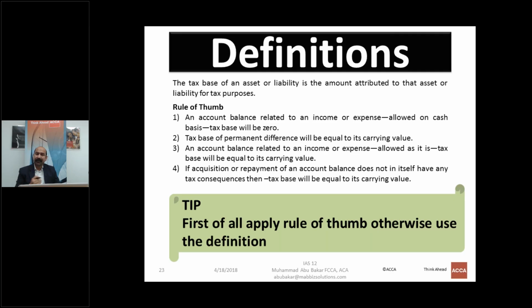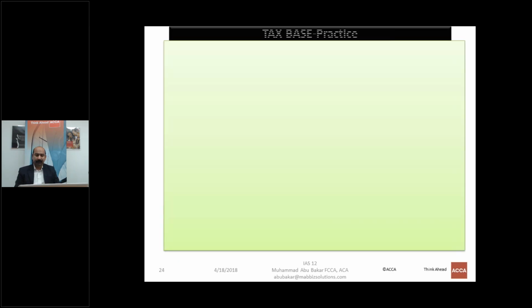Of course, interest has some tax consequences, but so far as the principal amount, receiving and repaying that amount will not have any tax consequences. So the tax base of such an item should be equal to its carrying amount. When we say tax base should be equal, we are saying no difference should arise. So these were the examples.